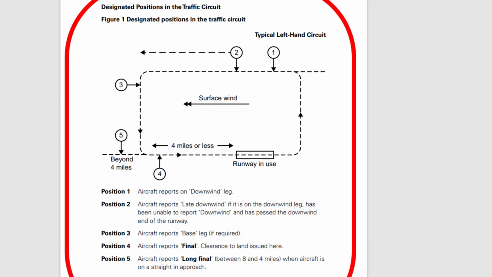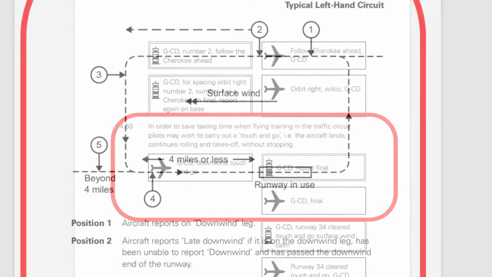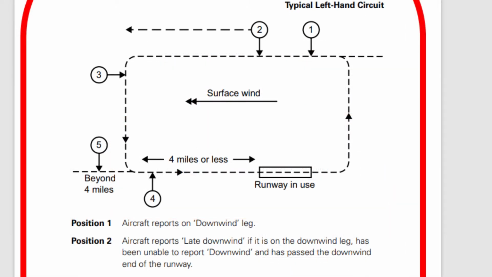Once in the air, the next call is on the downwind leg, and this is to report your position and your intentions. And that means: are you doing a full stop landing, or are you doing touch and go? If you report your downwind position but don't say what you're going to do, the controller might come back and say report intentions, and that's what they want to know.